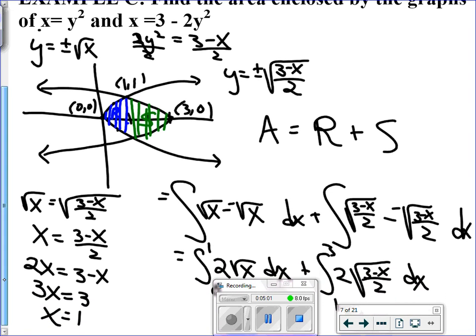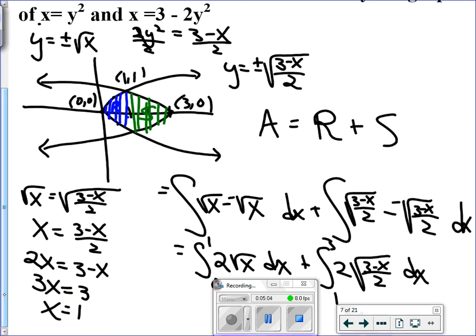Even though it's possible to do it this way, you'd have to use two different integrals, one from 0 to 1, and then another one from 1 to 3. You could do it. But what I'd rather talk about today is how, by using horizontal rectangles, you can make your life a lot easier.